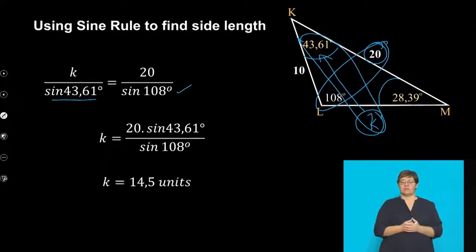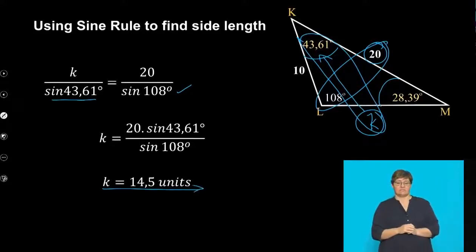Our calculator will give us the answer, and we round it off to 2 decimal places. So k will equal 14,5 units.